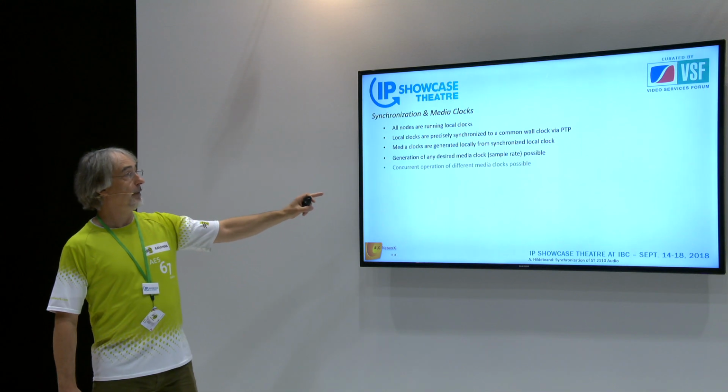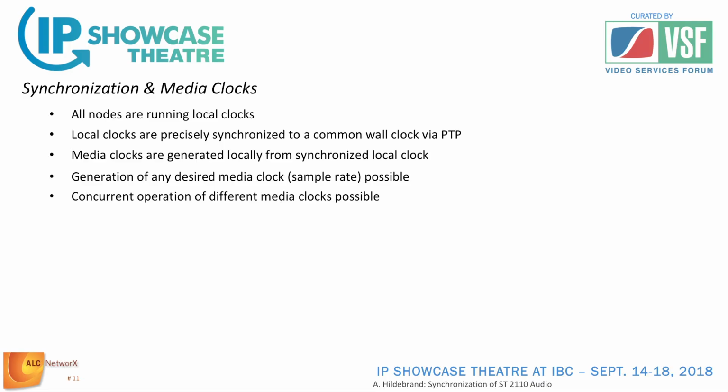So, next step: when we have time in the devices, we can of course generate any desired media clock we want. We can generate 44.1, 48, 96 kilohertz, or whatever we need for video. And of course, on the same network, I can operate multiple different media clocks.